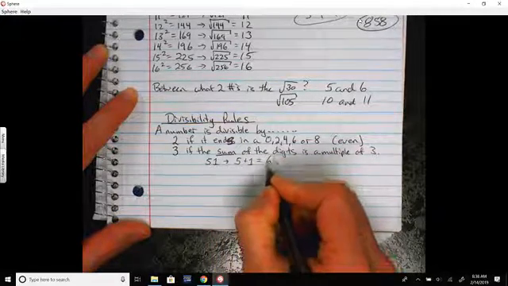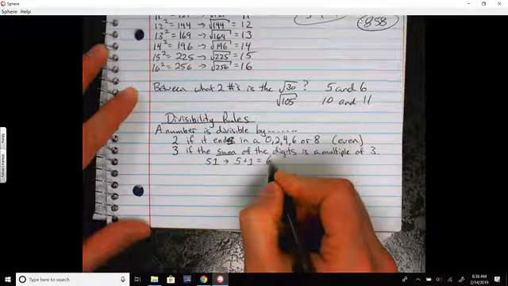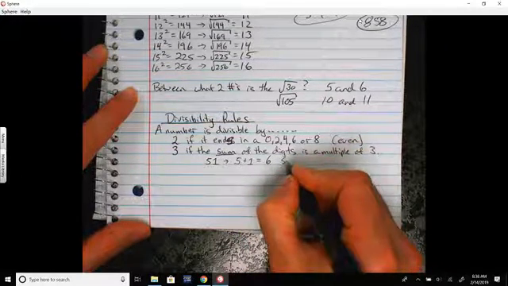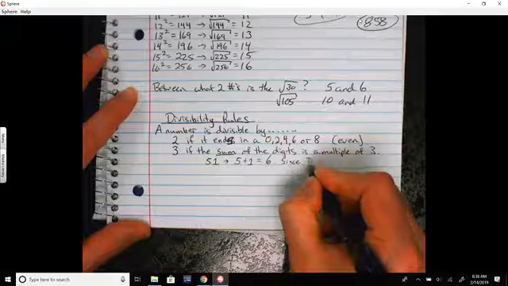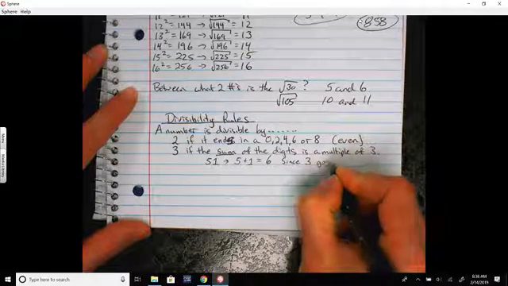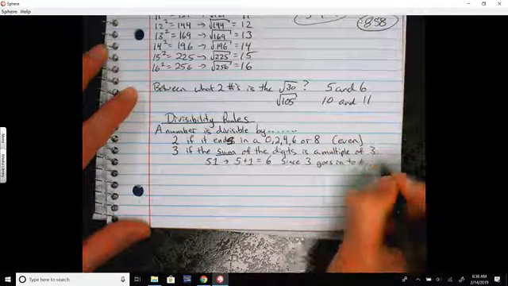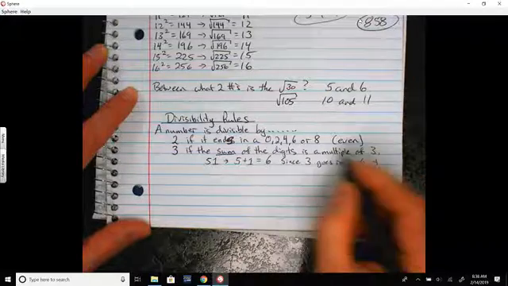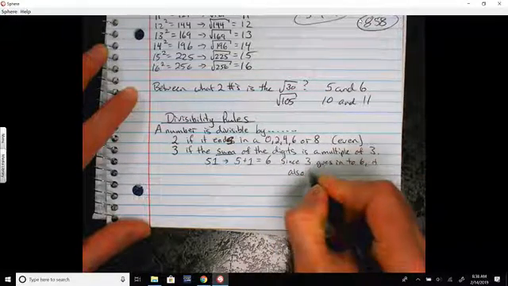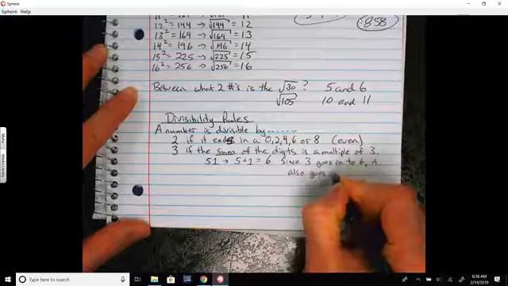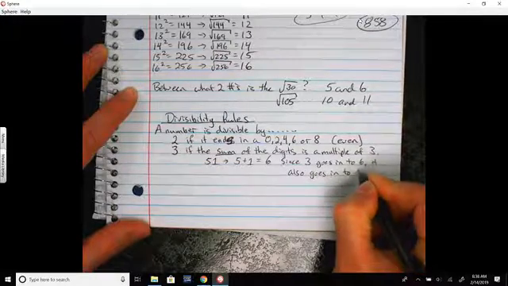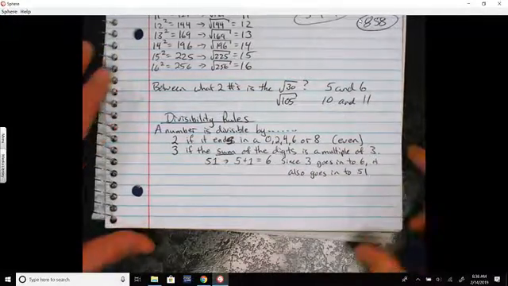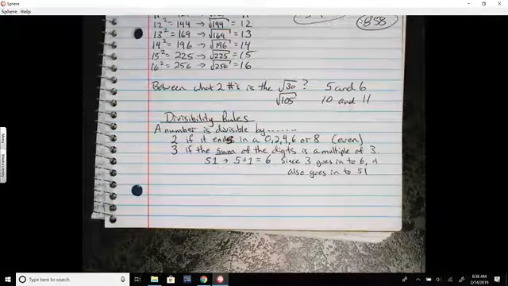Does 3 go into 6? Yep. So since 3 goes into 6, it also goes into 51. Okay, so you just add the digits. It's going to be the same sort of thing with the 9.